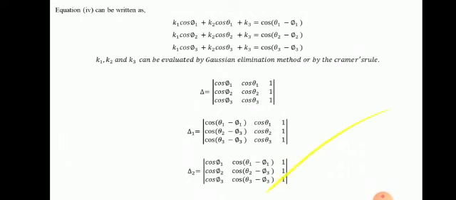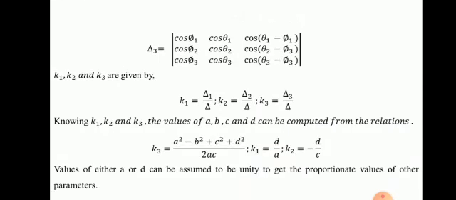You do these calculations, then K1, K2, K3 are given by K1 is del 1 by del, K2 is del 2 by del, K3 is del 3 by del.